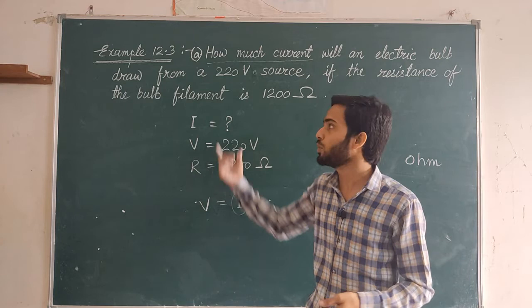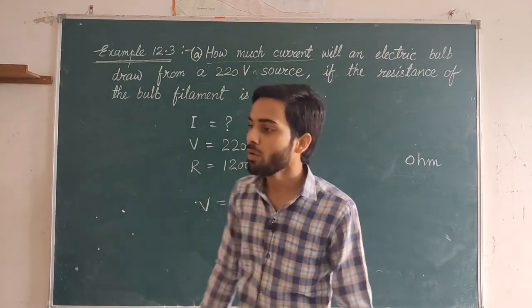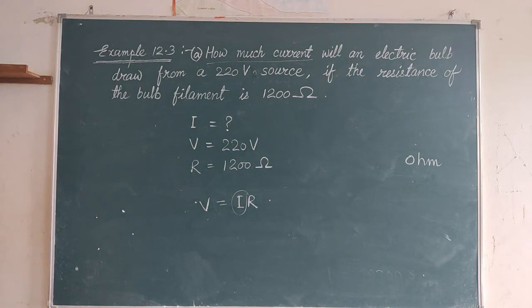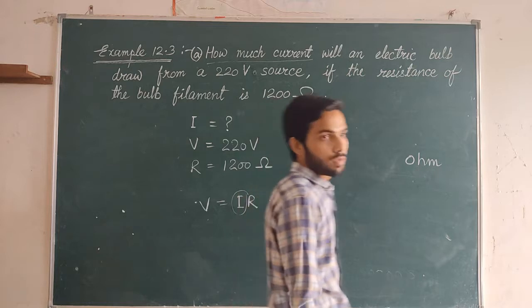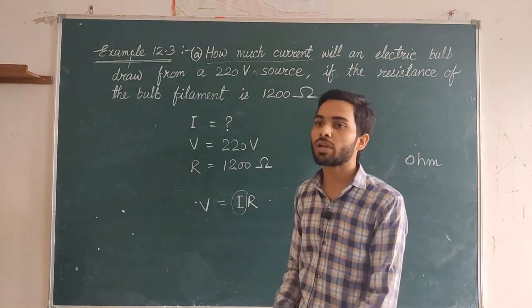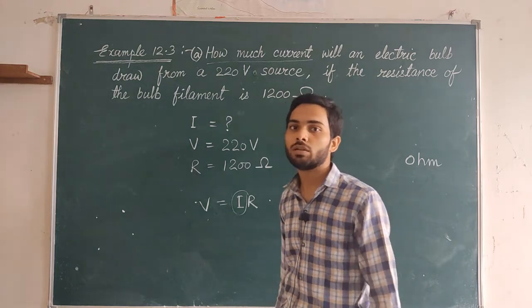So both parts are your homework, and you will have to calculate the value of current yourself. This is very simple. Now we are coming to the second question, that is example 12.4.